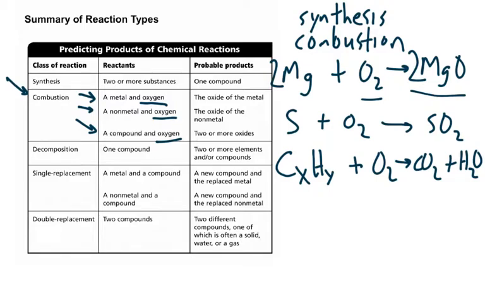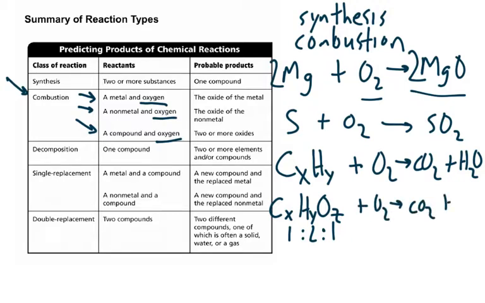You could also be burning a sugar, so we can call it X, Y, and Z. Sugars are usually 1 to 2 to 1 ratios of C, H, and O, but it's the same idea. You're burning it in oxygen, you still make CO2 and water. Sometimes you might be burning an alcohol, so it might look like this, X, Y. Alcohols have an OH here at the end, so this would be an alcohol.